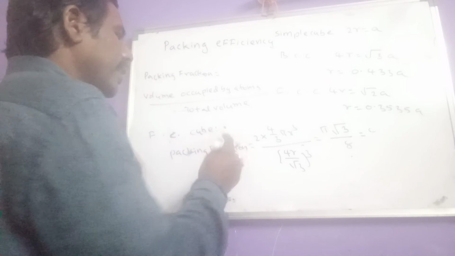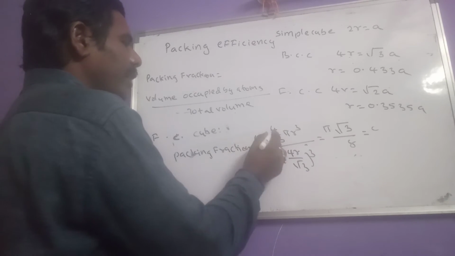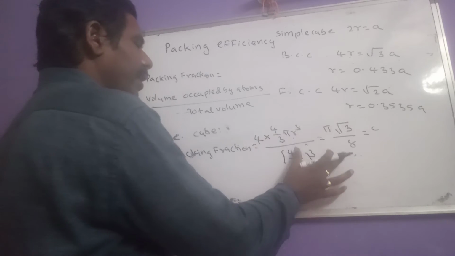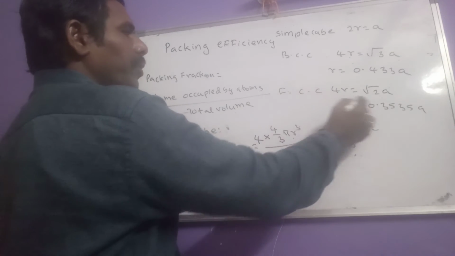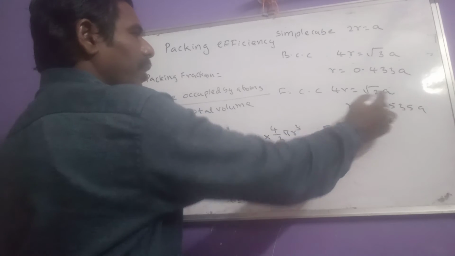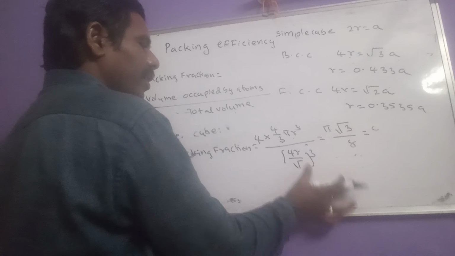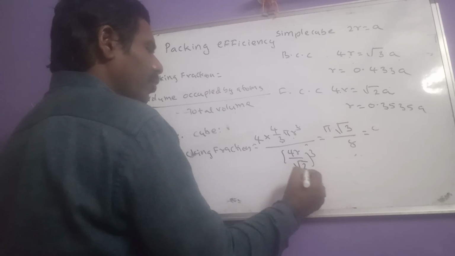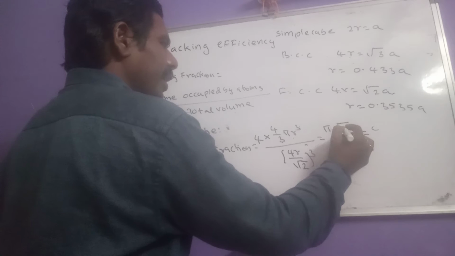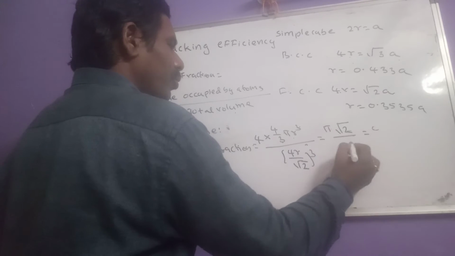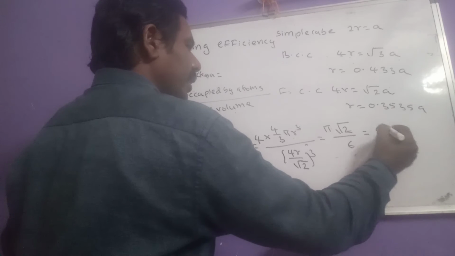So here instead of 2, let us write 4 into 4 by 3 pi r cube. And for face centered cube, a equals 4r by root 2. So instead of root 3, we have to write root 2. And upon calculation we get pi root 2 by 6. And that percentage, how much can we get?